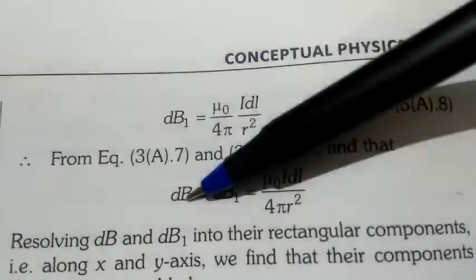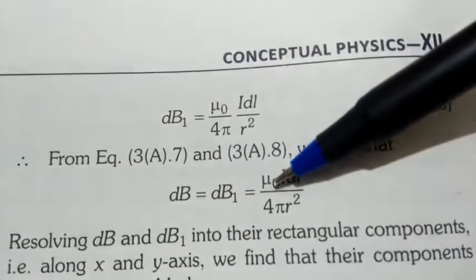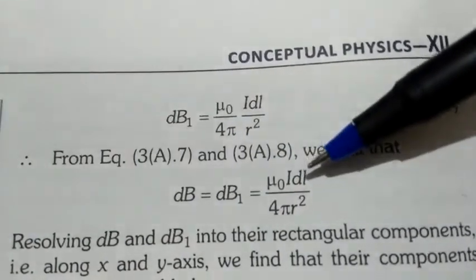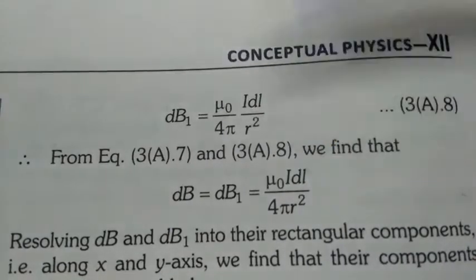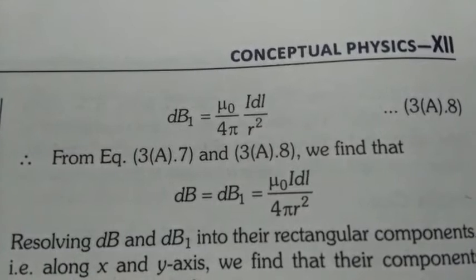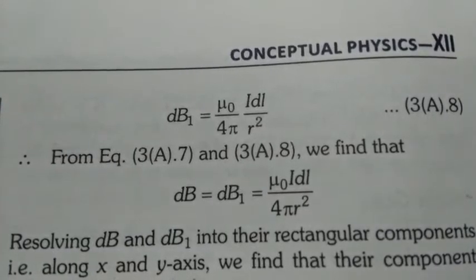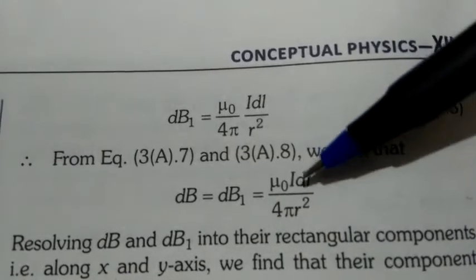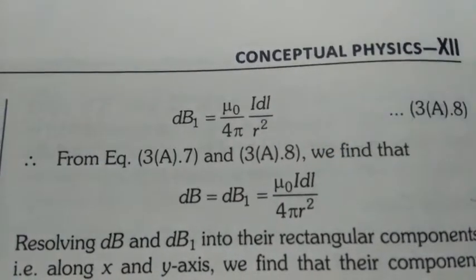So here dB equals dB1 equals mu naught I dl upon 4 pi r square. We have already discussed how they both are equal, because they both are from the same current element dl, and they are at the same distance from P, so their value also will be the same.